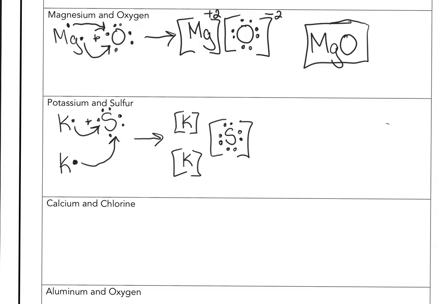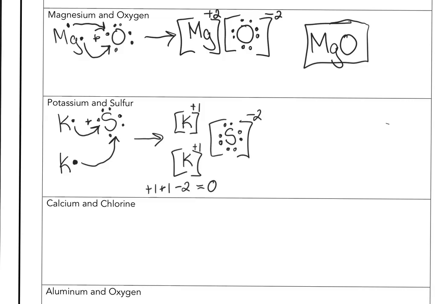Now, each potassium is separate, so they each lost one electron, so they will each have a +1 charge, where sulfur has a -2. One way to check that you did your work correctly, or you have the correct number of each atom, is that you add up the charges, so +1 +1 -2, that should equal 0.